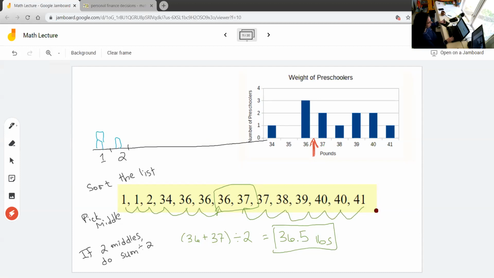But the oddball case doesn't actually count as much. If this 41 was really a 141, because we put one of the teachers in, it doesn't matter. It's not going to change the median at all. The oddball cases get skipped over by this process.